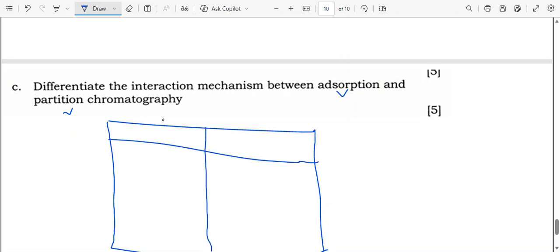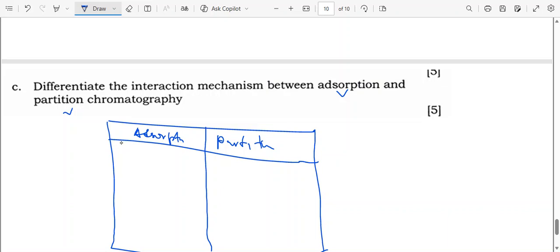There I can write adsorption. Adsorption depends on the interaction of solids with the mobile phase especially. Then partition is about how particles are distributed. The partition is about distribution.